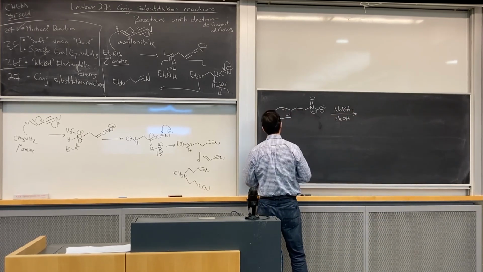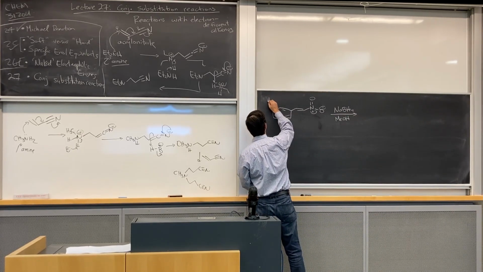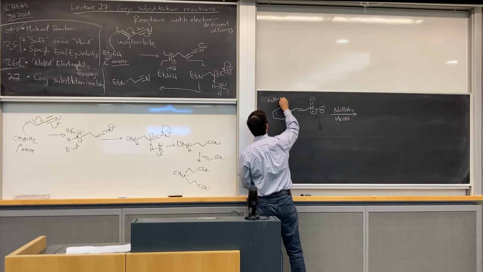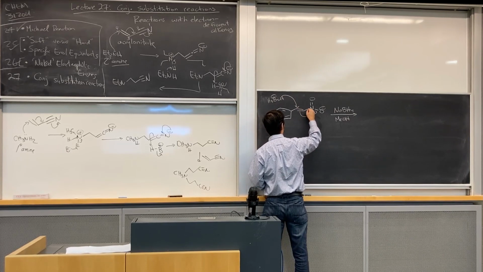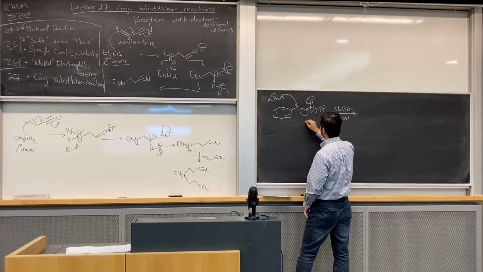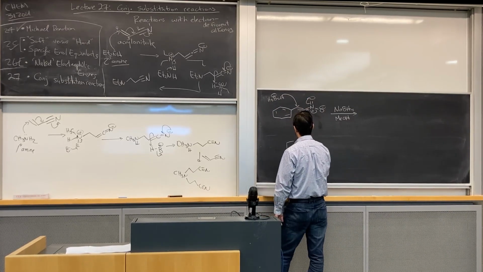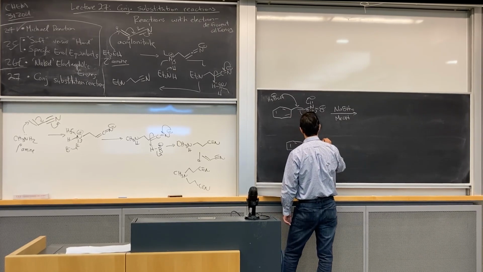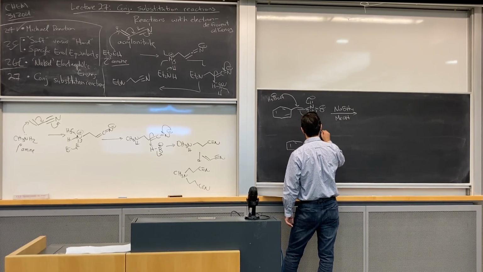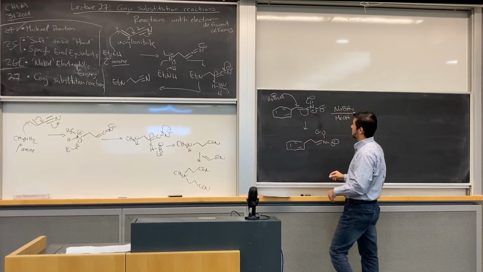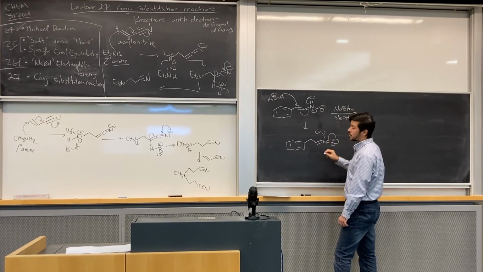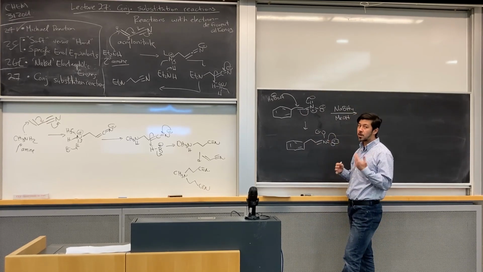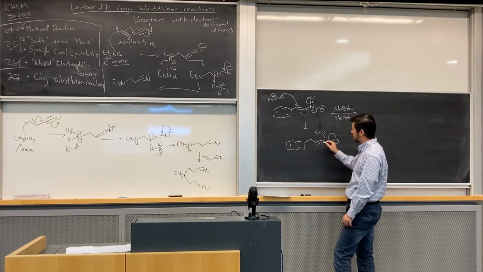So in terms of a mechanism of how this would work, here's your borohydride. This will come and react. Electrons will move up into that nitro group. And then we're using a protic solvent like methanol. Remember, sodium borohydride works well in protic solvents.